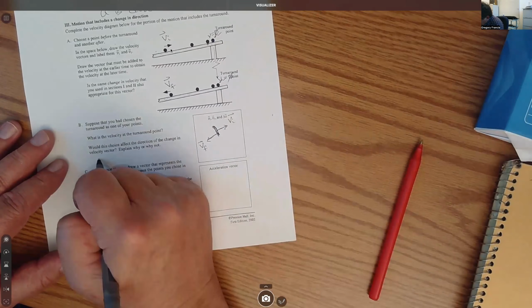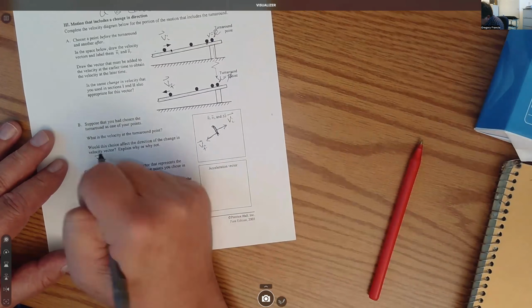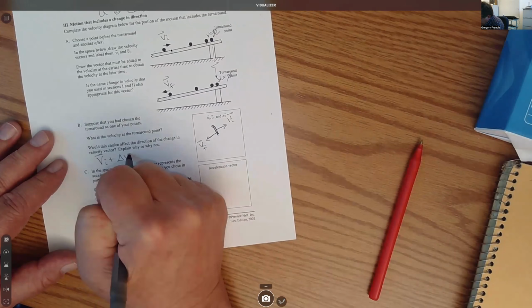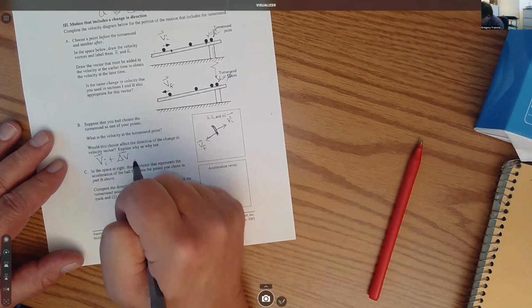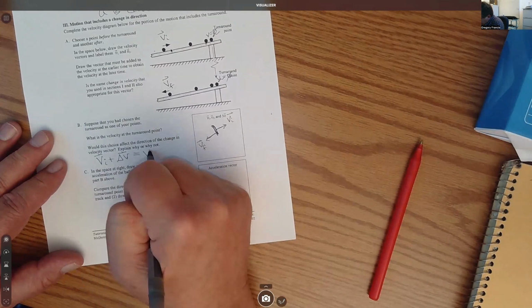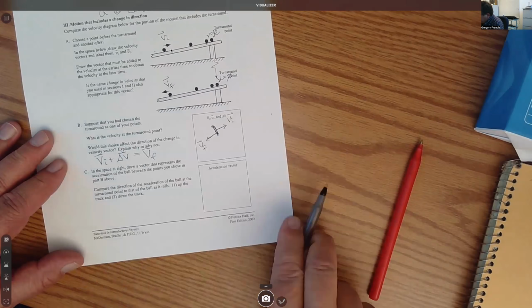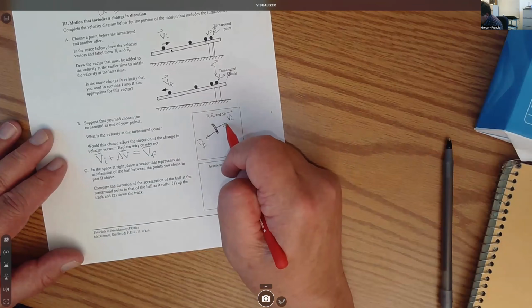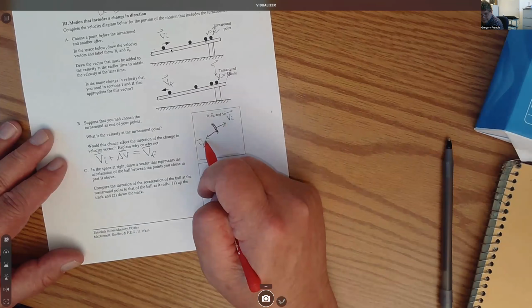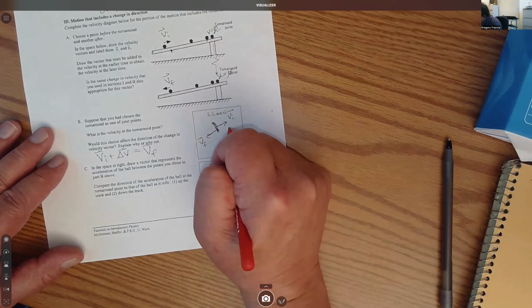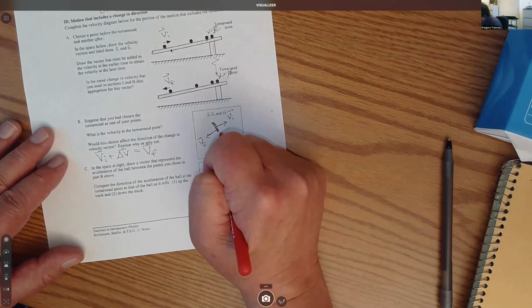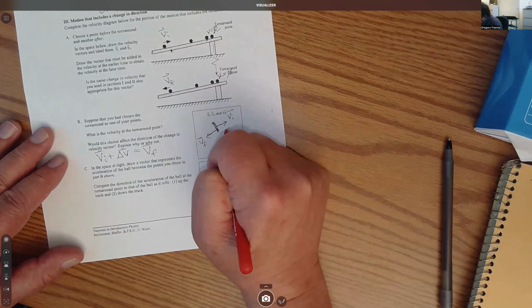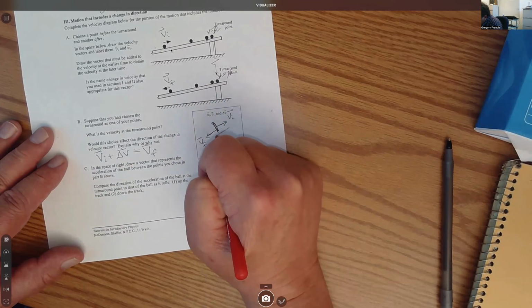Well, the change vector is what I have to add to the initial vector to get the final vector. So what do I have to add to this vector up the ramp to get a vector down the ramp? Well, I have to add a change that's big enough to send this initial vector up the ramp down to 0 and then out the other way.